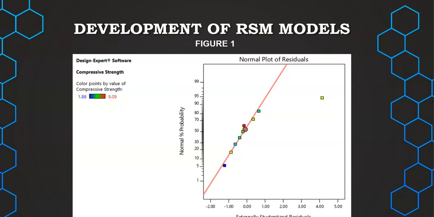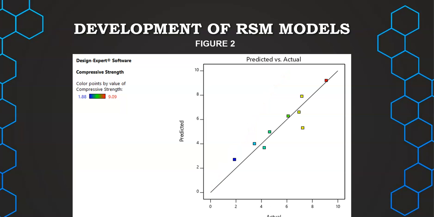Figure 1 presents the normal plot of the residual for the compressive strength, which was obtained from the RSM modeling. It can be observed that all residual data approximately fall on the straight line. Meanwhile, figure 2 shows the predicted response against the actual response graph for compressive strength, and it can be seen that most of the predicted responses are placed along the straight line of the actual response.